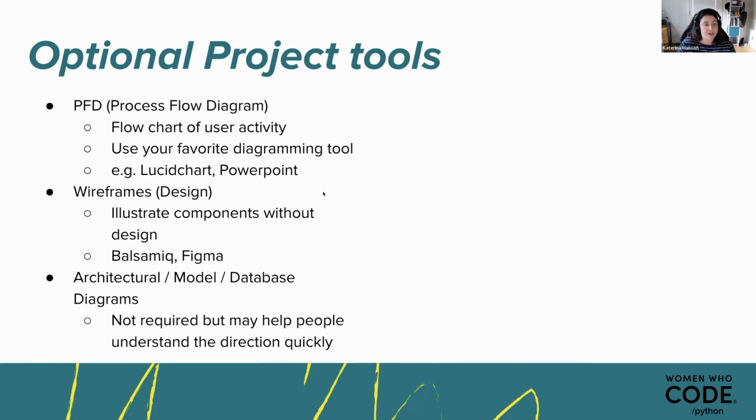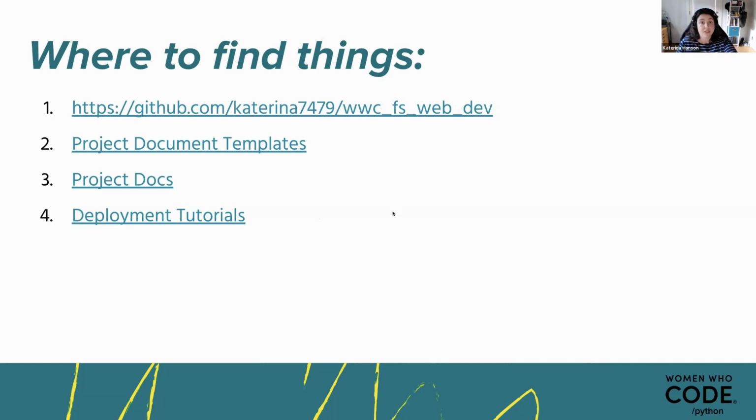And then we could also do architectural model or database diagrams. I wouldn't say that those are necessarily required in every case, but it's very useful to helping people understand the direction quickly. So I have this repository. I have added to the repository project document templates in a markdown format for each one of the ones that I've just talked about.